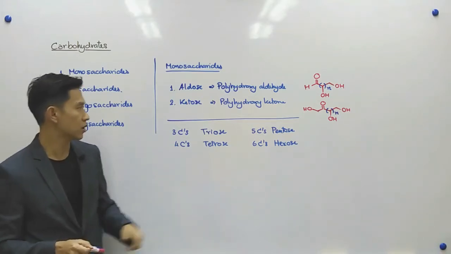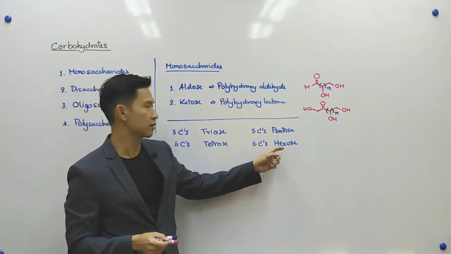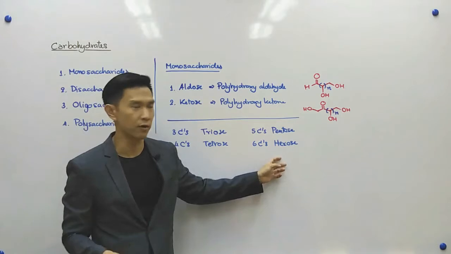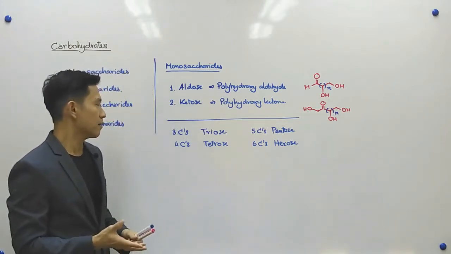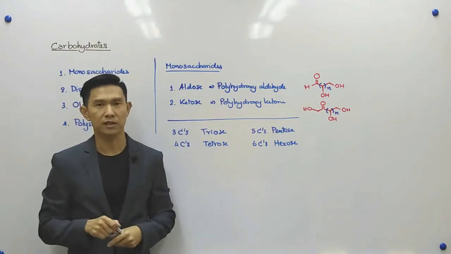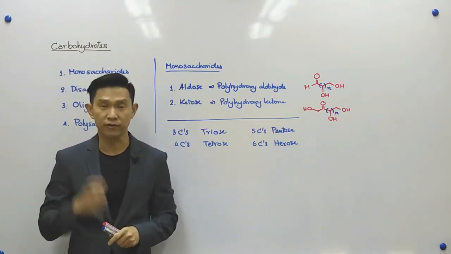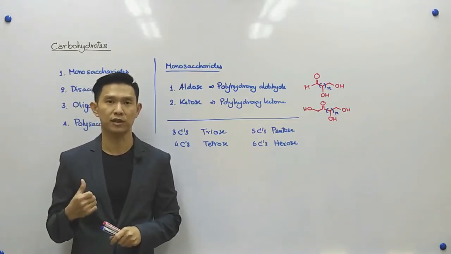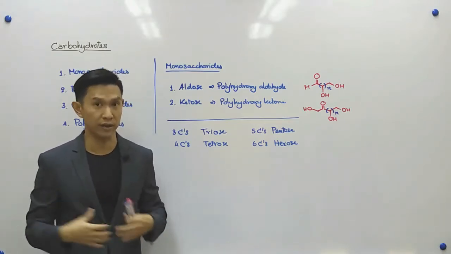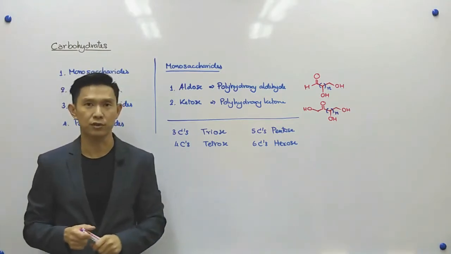In nature, we see hexose sugar as the most abundant kind of carbohydrate. Why? Maybe because in the biosphere, in our environment, the first type of monosaccharide produced on our Earth is glucose, and glucose is a hexose sugar.